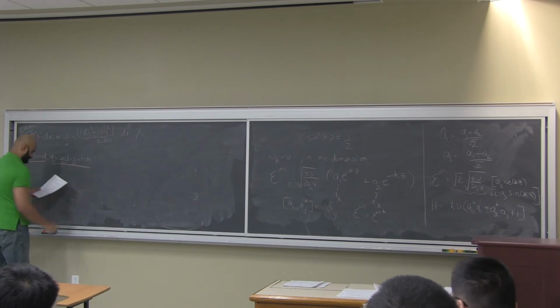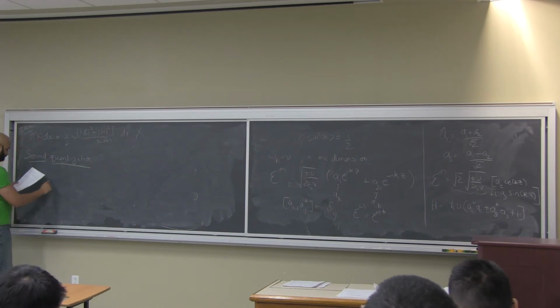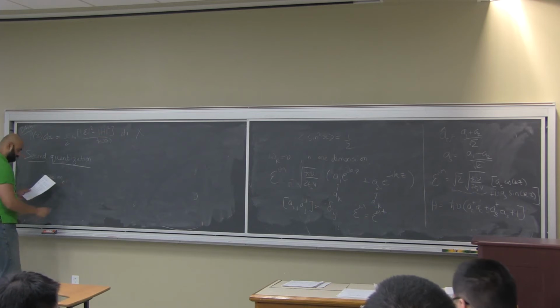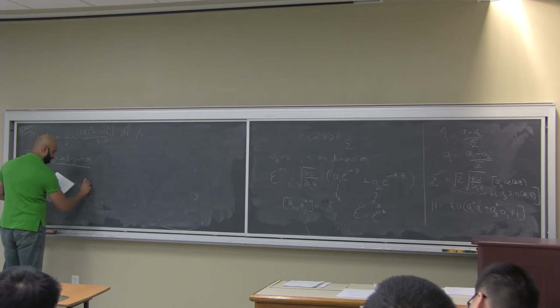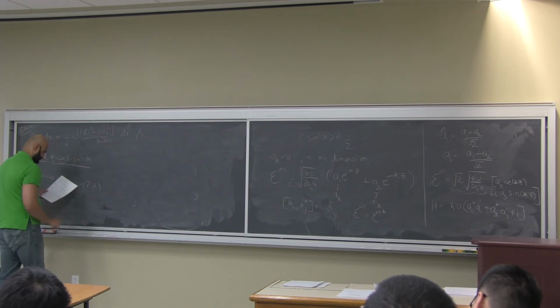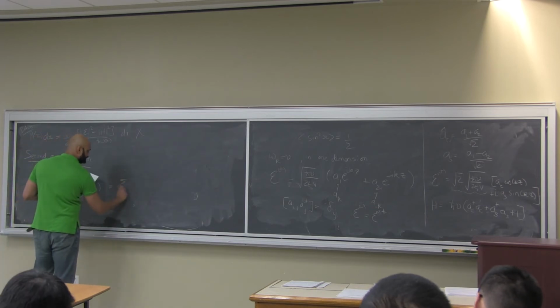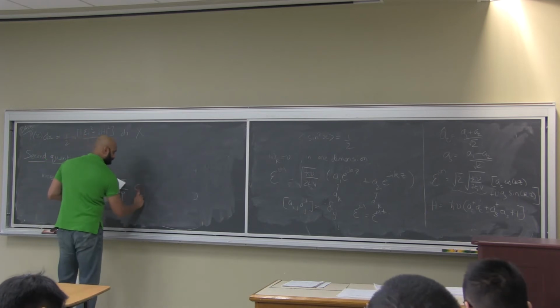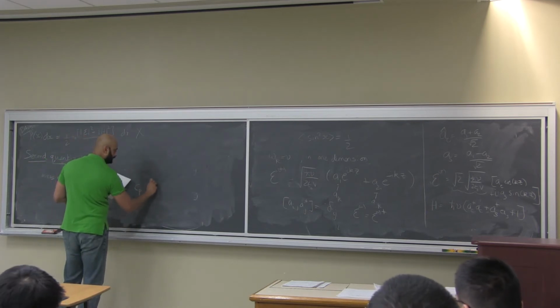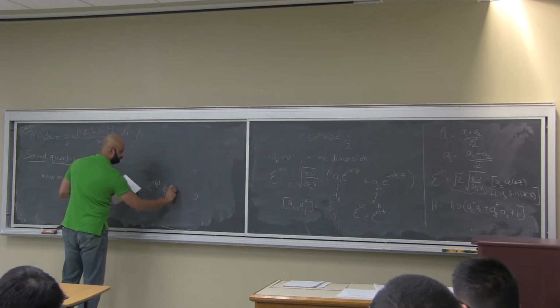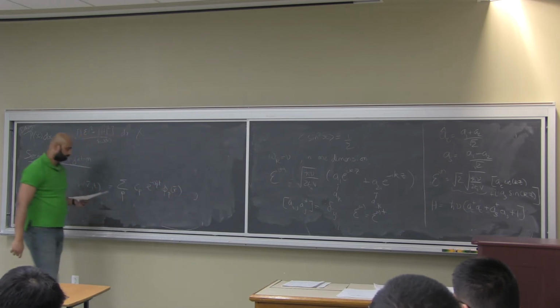If you go back and look at second quantization for a massive system of mass m, like say an electron, then the wave function of an electron is written as psi of R, t equals the sum over p of C_p e to the minus i epsilon_p t times phi_p of R.